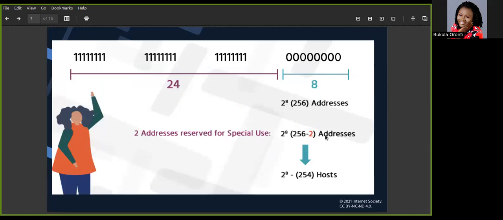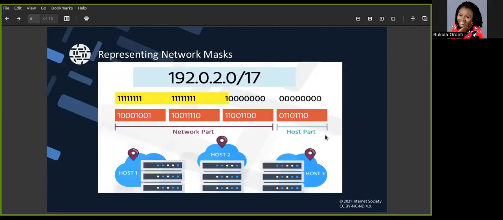So in every network or using any network address, there's always a reserved group of IP addresses. For example, looking at the previous example, 192.0.2.0/17. It means within this /17 network group, two addresses are reserved from it.